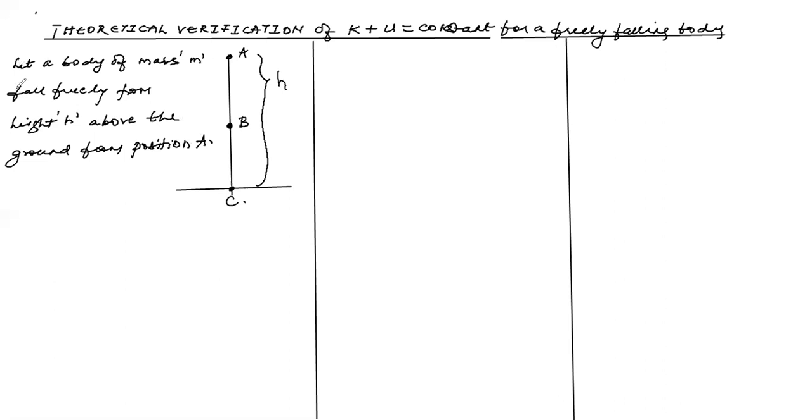So we say, let a body of mass m fall freely from height h above the ground from position A. Got it?